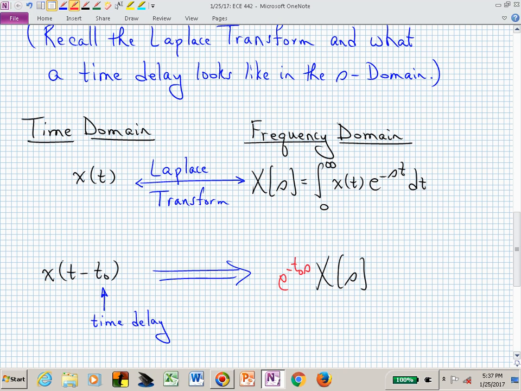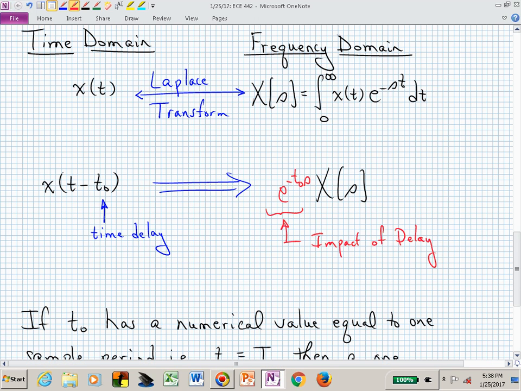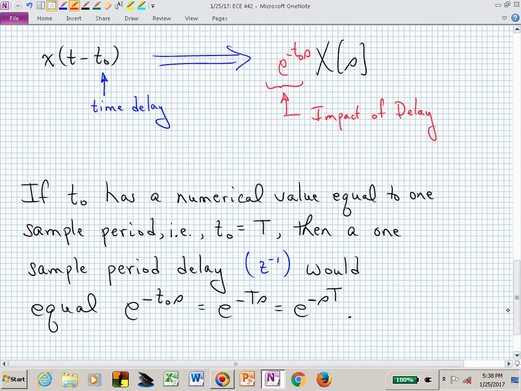And this now is due to the delay. Now we simply scale this Laplace transform quantity, capital X of S, by this e to the minus t naught s.